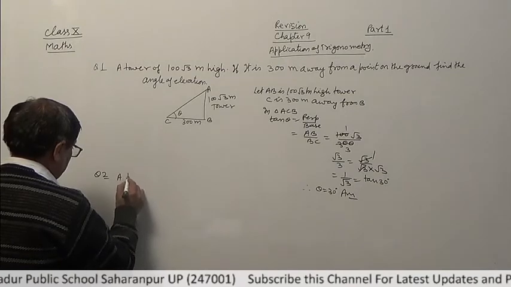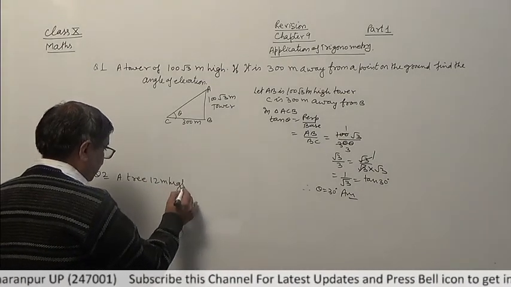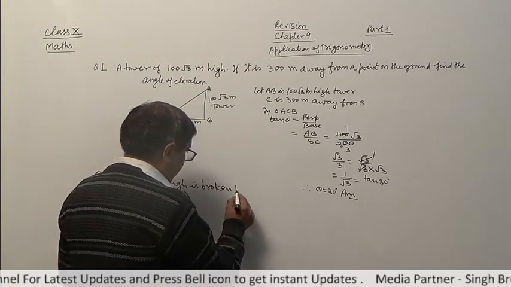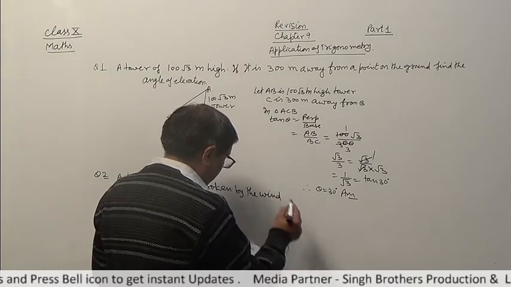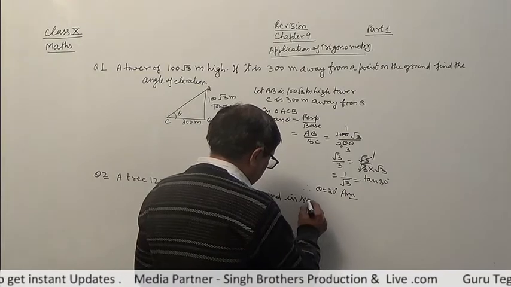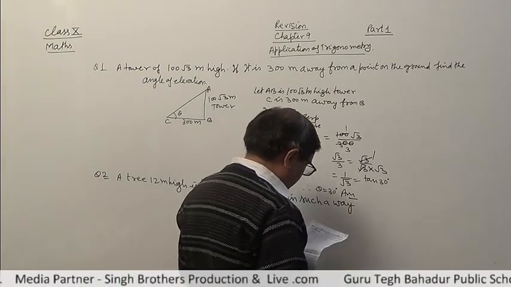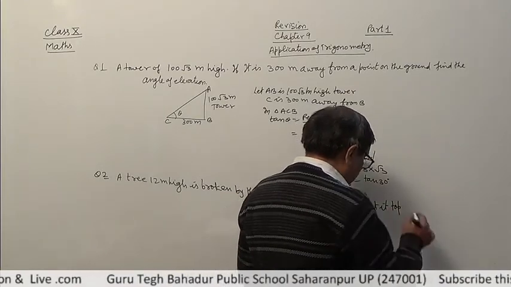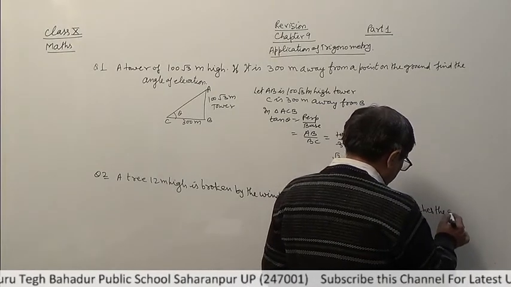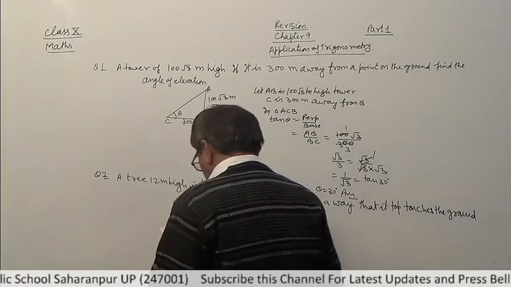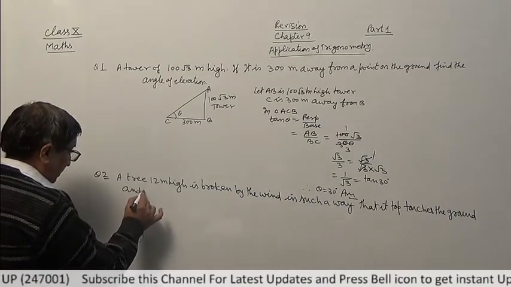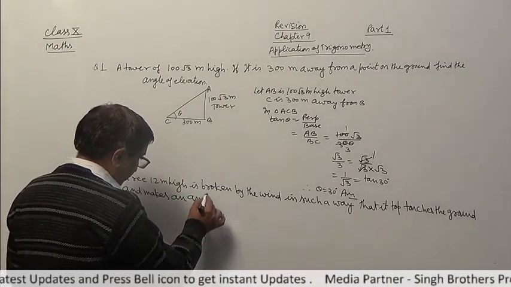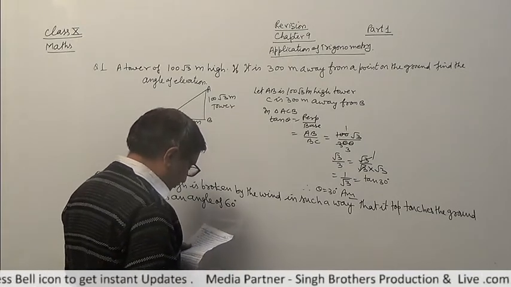A tree 12-meter high is broken by the wind in such a way that its top touches the ground and makes an angle of 60 degree with the ground.